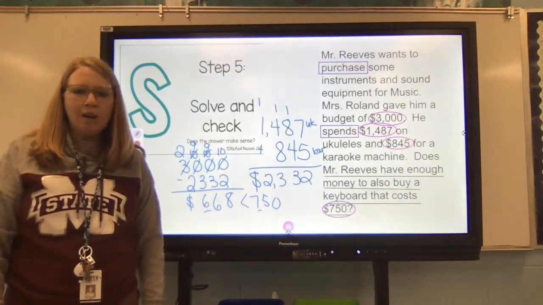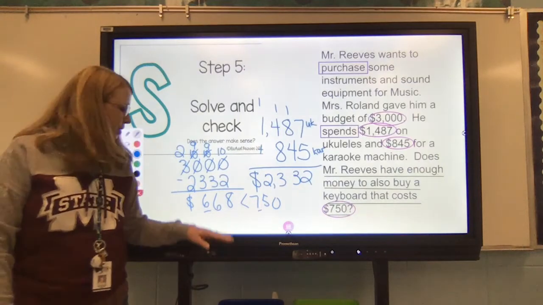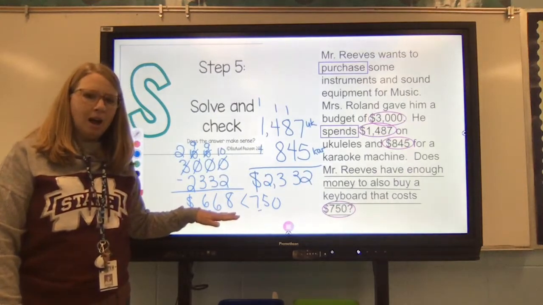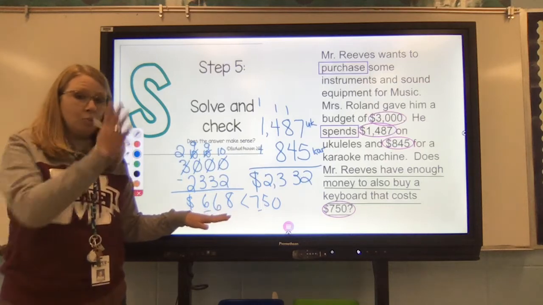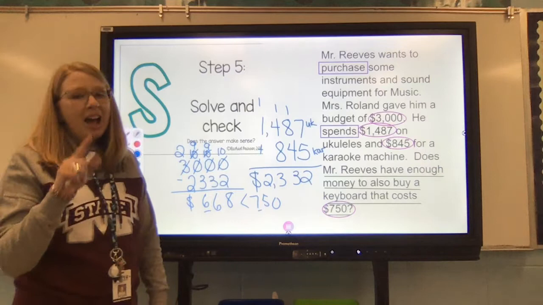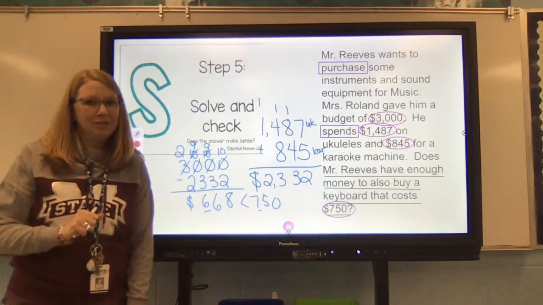So Mr. Reeves does not have enough money left to be able to purchase the new keyboard that he wants. I bet he's a little bit sad. Maybe Miss Rowland will give him just a little bit more money so he can go get that keyboard. I know that you guys would enjoy having another keyboard in music.